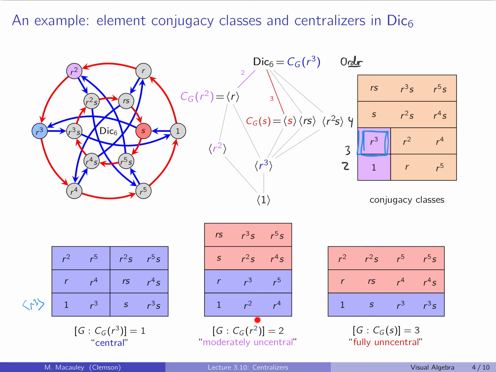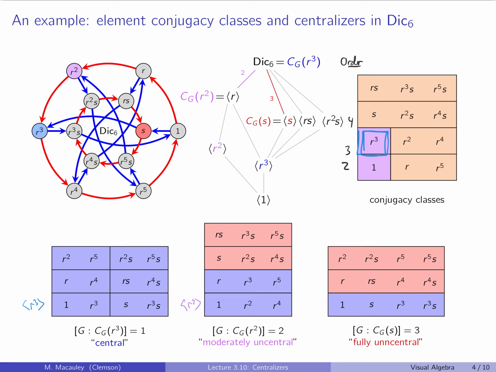Next up, r squared. This generates a subgroup of order 3. Here are its 4 left cosets. And what commutes with r squared? Well, all powers of r do, but that's it. s does not commute with it, so none of these things do either. So the centralizer has order 6 or index 2.